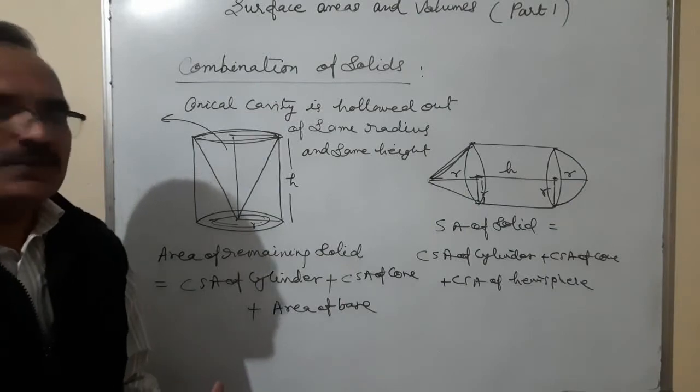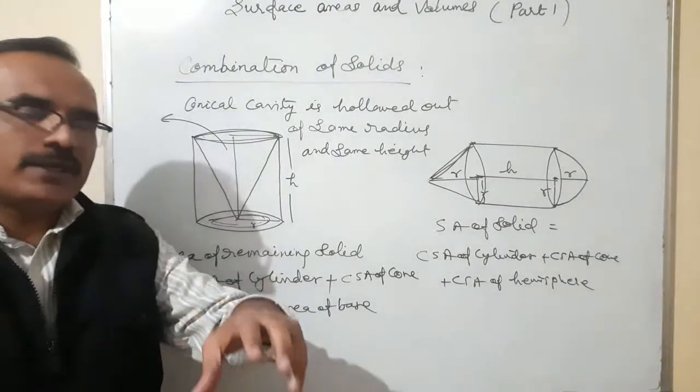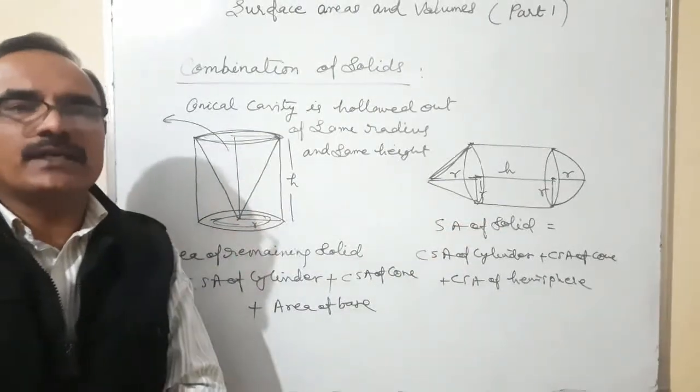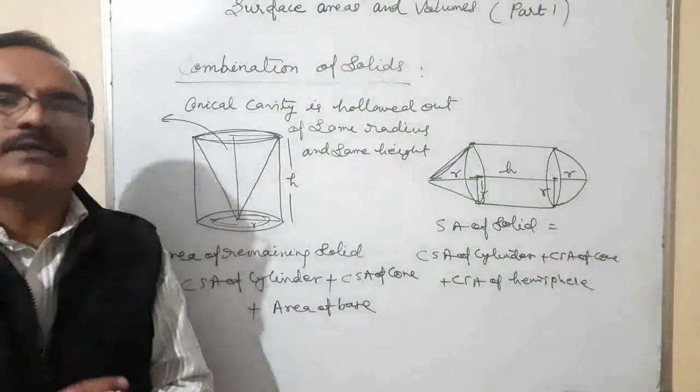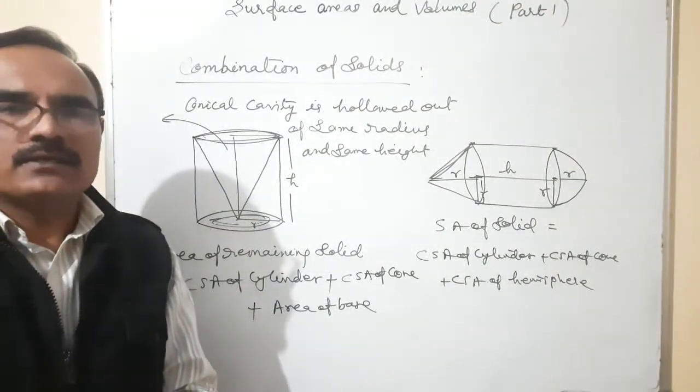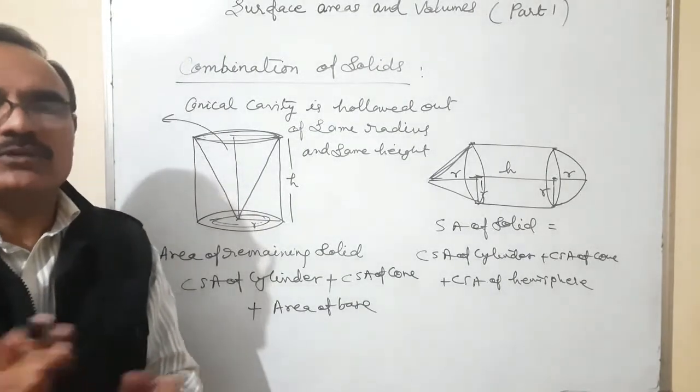Generally some students put a minus sign here and give the logic, sir, because the cone has been hollowed out, the area is reduced. But it is not necessary. When something is hollowed out, the area may increase or it may decrease, both cases are possible.